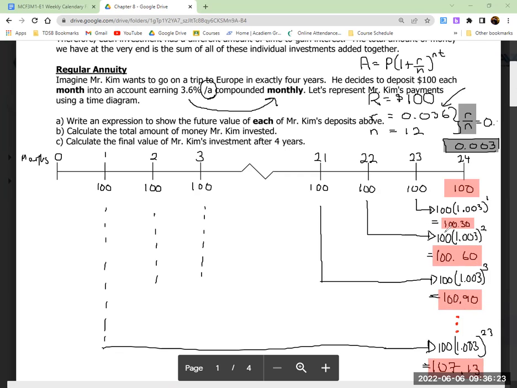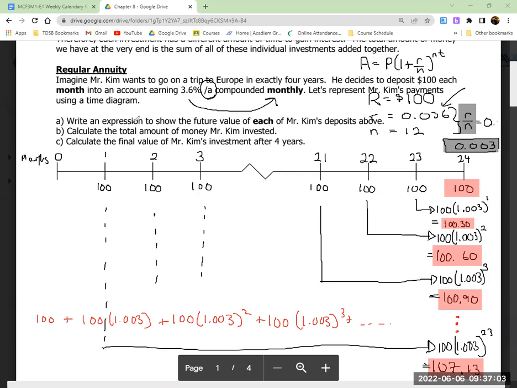No. This is essentially what happens. You are taking your $100 and adding this, and then adding this. You don't have to write this down, I'm just trying to show you. And then you're trying to add this. Do you see how there is a pattern going on? Because it's a pattern, we can use that field of math I talked to you about at the beginning of the class, and we end up with a formula. It makes our lives so easy. And I'll show you in the next page.